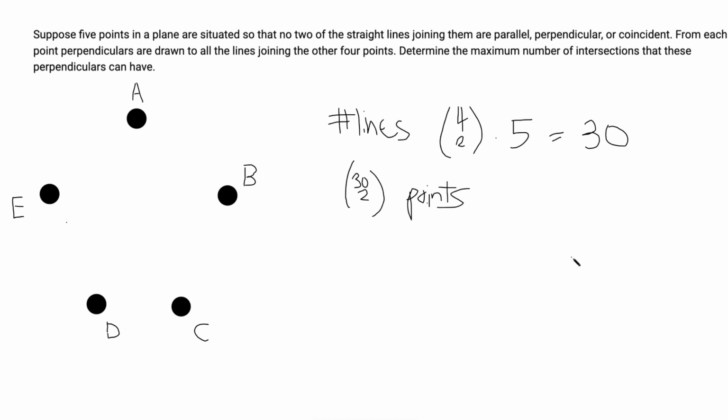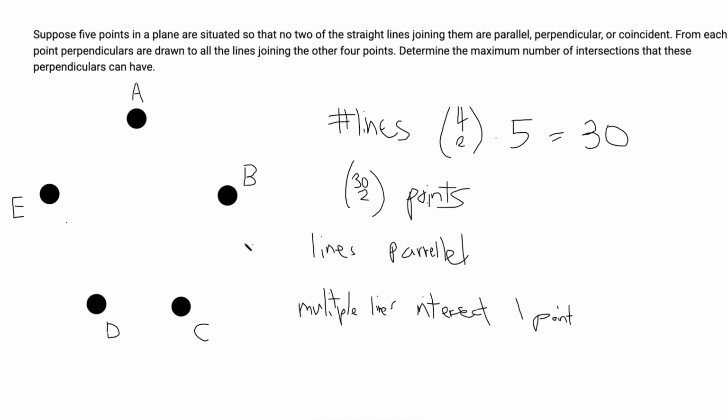And if multiple lines intersect at 1 point, then there will not be distinct points of intersection, and we will be overcounting. So from this point, we count how many lines are parallel to each other, and we count when more than 2 lines are intersecting at 1 point.